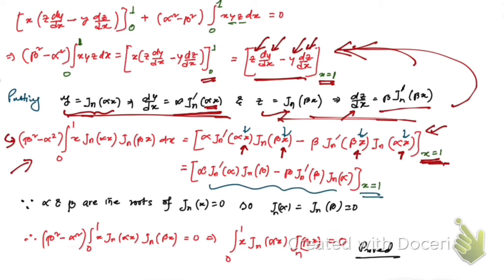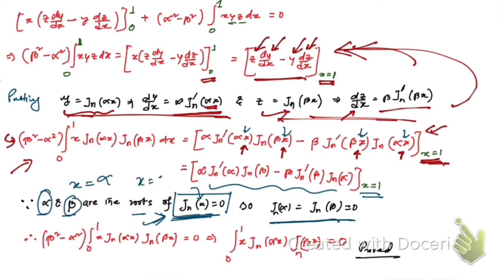Now since alpha and beta are the roots of these equations, if you put x is equal to alpha, this value must satisfy this equation, right? Similarly, if you put x is equal to beta, it must satisfy this equation.